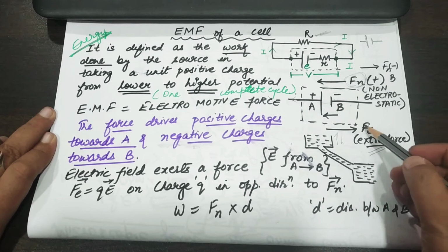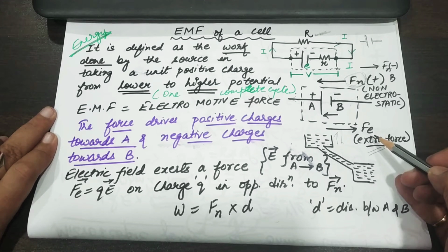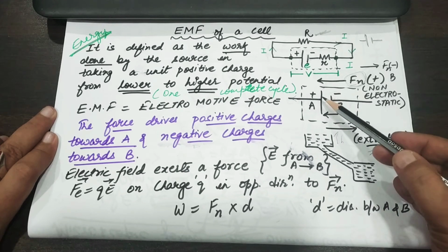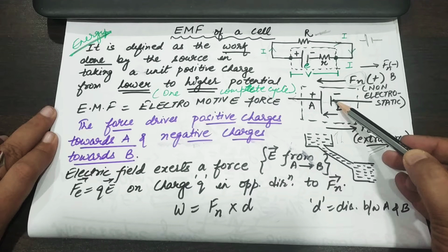Let us consider this force as Fe, right? So the non-electrostatic origin force we name as Fn, and an electric field is set up in the electrolyte from A to B. A से B तक we will have an electric force set up, and this electric force will give rise to a force.